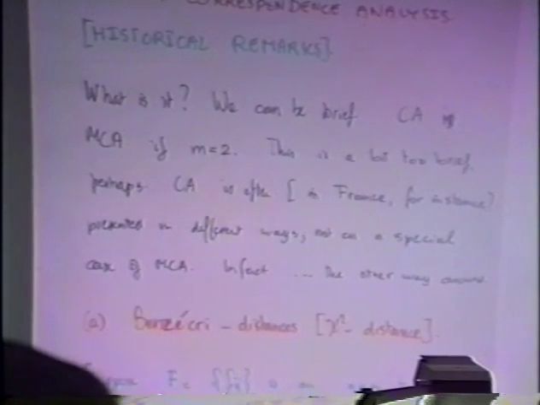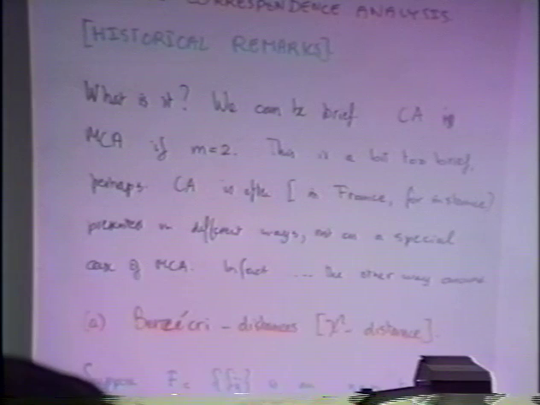The reason why it's a bit too brief is that correspondence analysis can be derived in many different ways. There are many different qualitative ideas which ultimately lead to the equations defining correspondence analysis. The same thing is true for principal component analysis type of techniques in general.